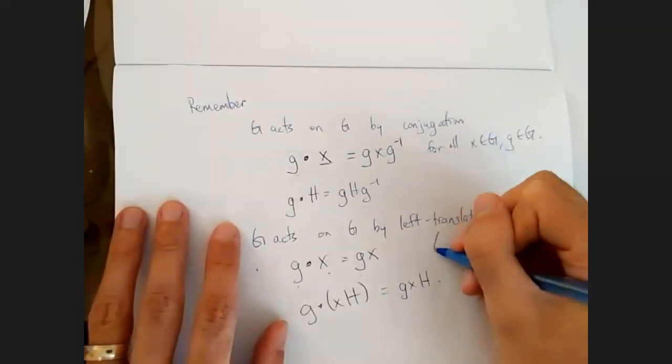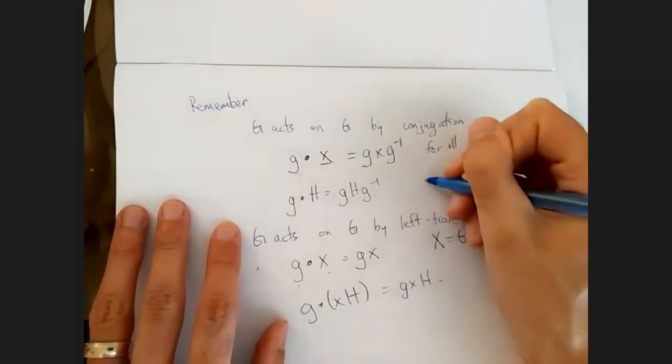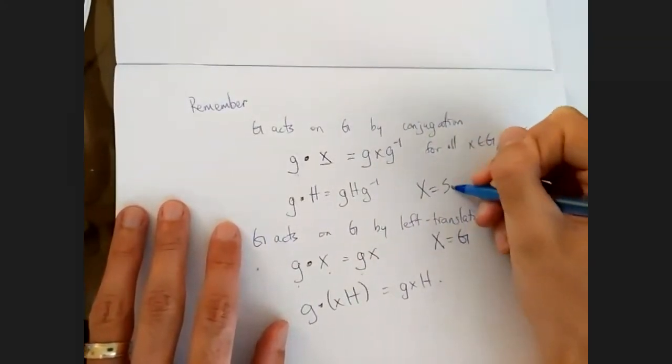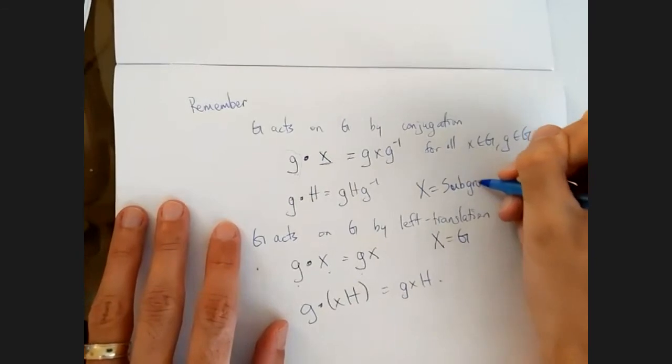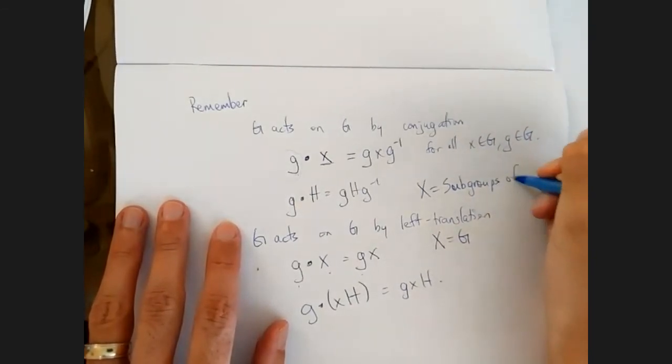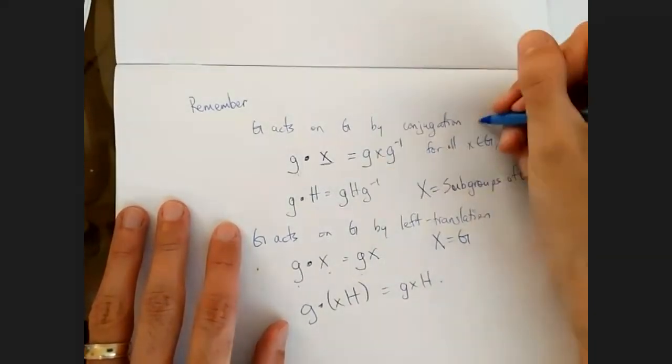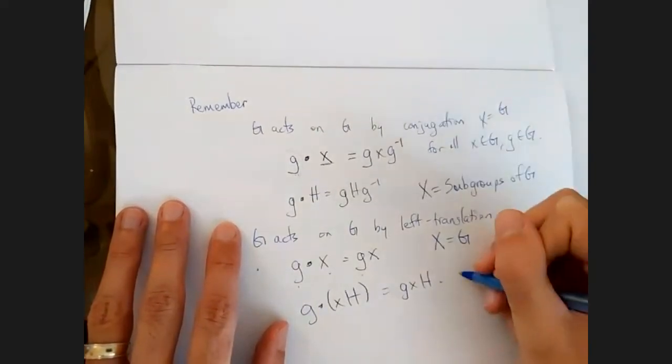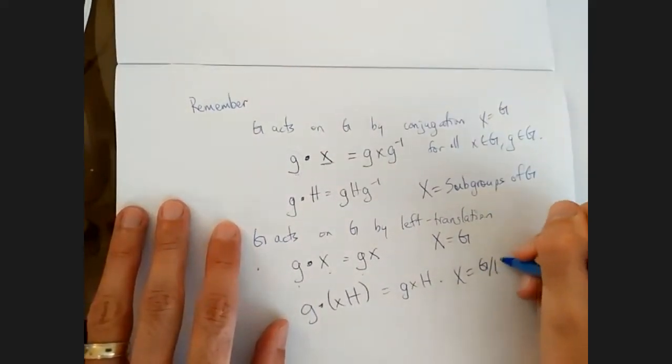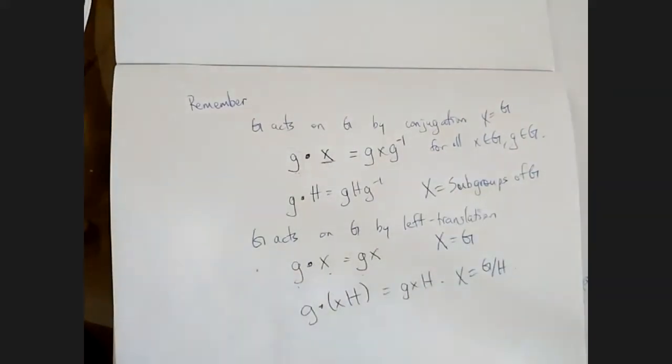So in the first case X equals G, in the second X equals the subgroups of G, in the third X equals G, and in the fourth X equals the left cosets, G mod H.